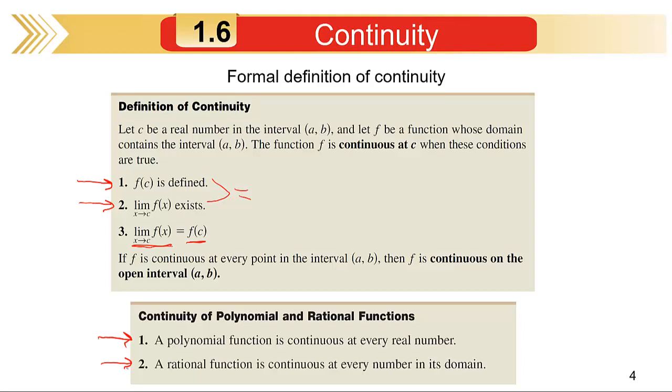So a rational function is a little more complicated than a polynomial function, because with a polynomial function you never have to worry about discontinuity. With a rational function, the only points of discontinuity are places that cause you to divide by 0. And we're going to see that through some examples.